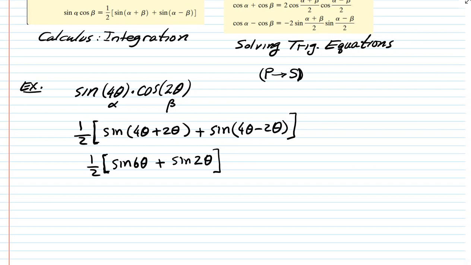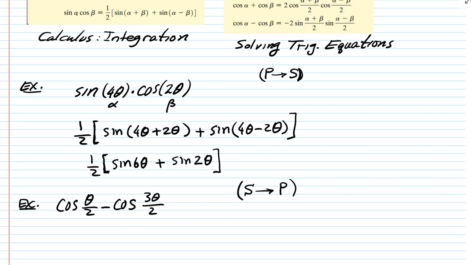Let's do an example where we go the opposite route. Suppose we are given a difference, for instance, cosine of theta over 2 minus cosine of 3 theta over 2. So I'm given a difference, and I'm going to go from sum to product now. I know it's a difference, but these are usually called sum to product.